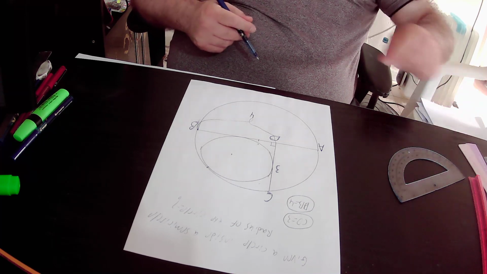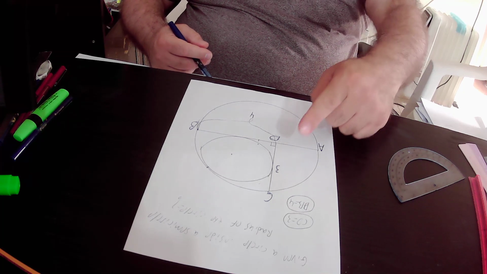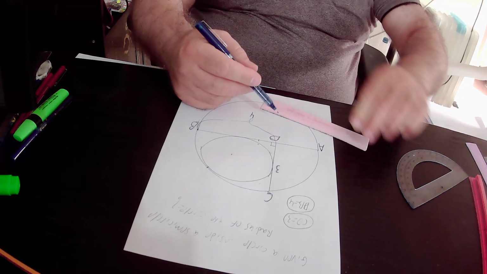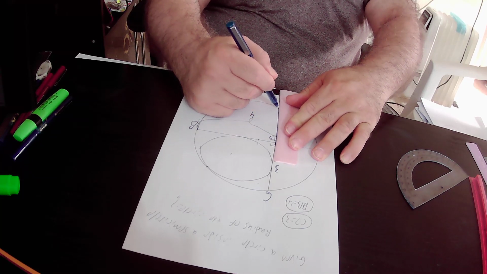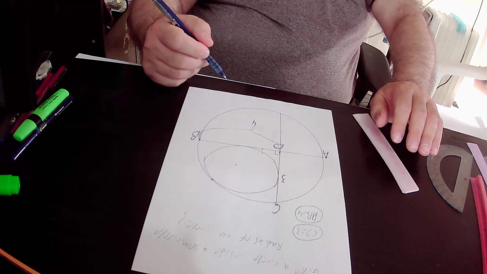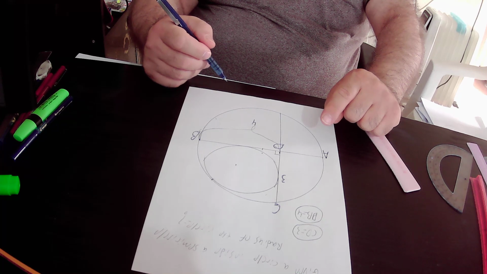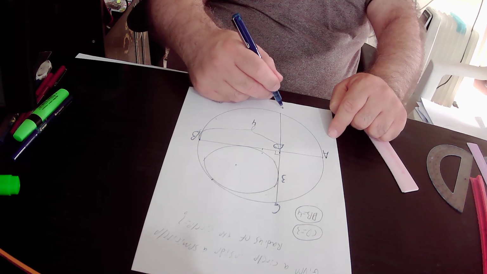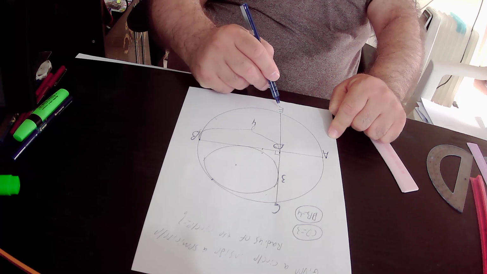In the next step, we will extend line segment CD by a straight line until it touches the circle. And we will define the touching point of the extended line segment CD and the circle as point E. Point E is the touching point of the extended line segment CD with this circle.